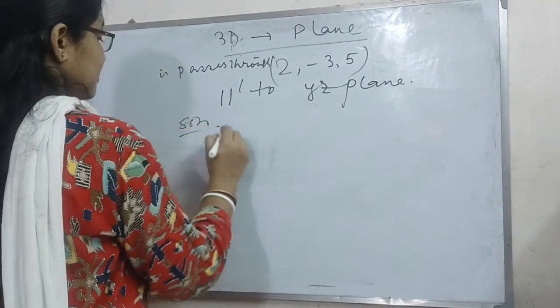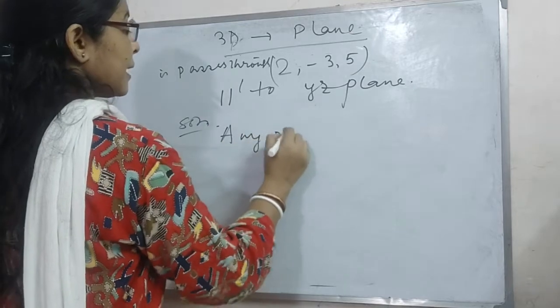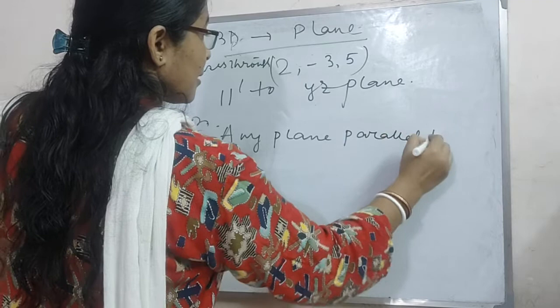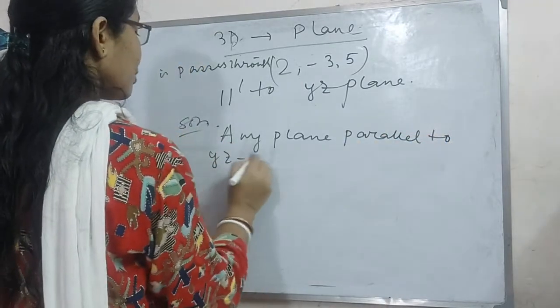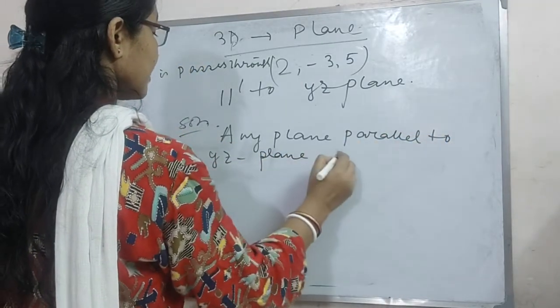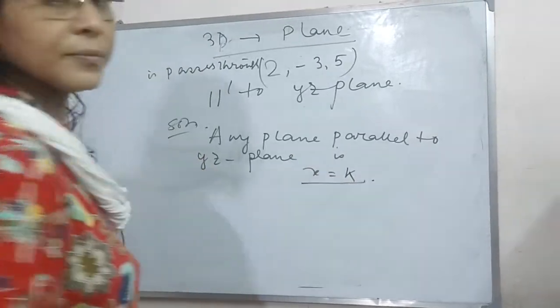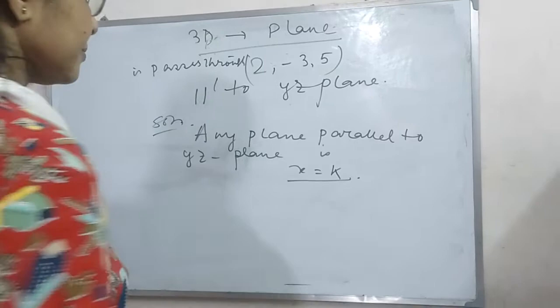Solution part. Any plane parallel to the YZ plane is x equal to k, that is, x equal to constant.